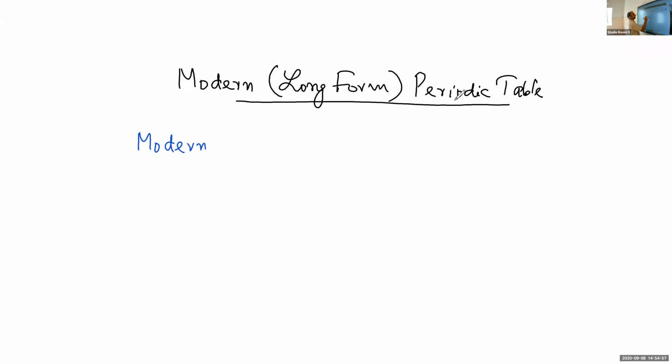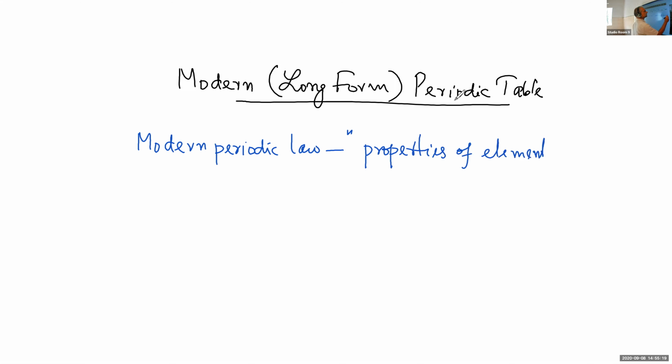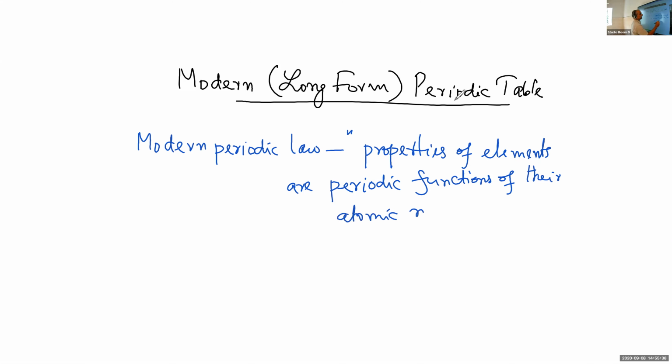According to this, the physical and chemical properties of elements are periodic functions of their atomic numbers.